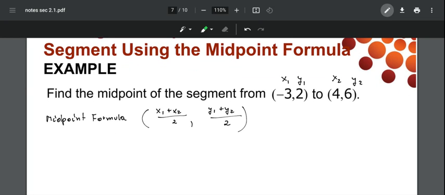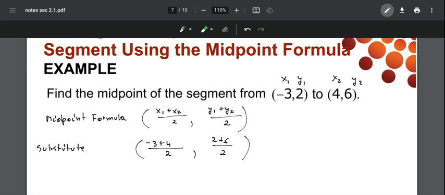So next we're going to substitute. To get the midpoint, the x coordinate: x1, which is negative 3, plus x2, which is plus 4, divided by 2. Then y1, which is 2, plus y2, which is 6, divided by 2.